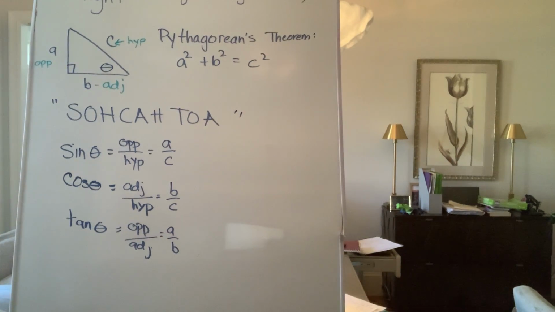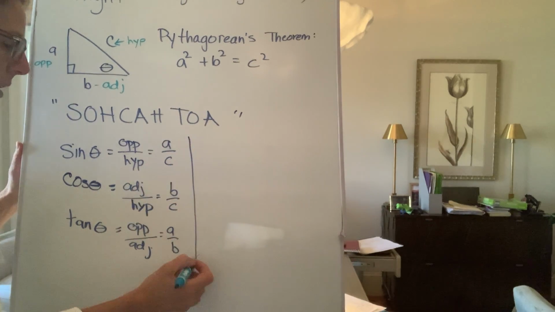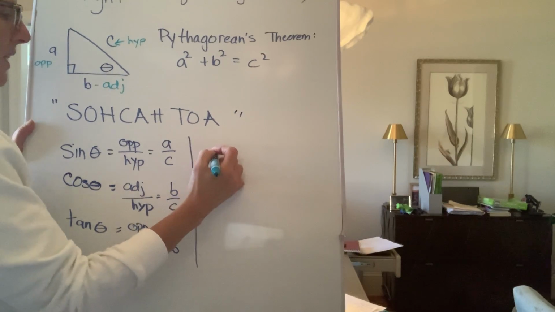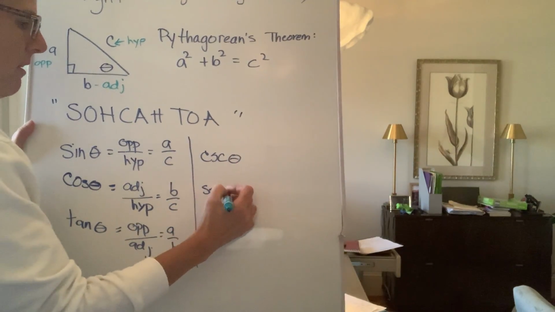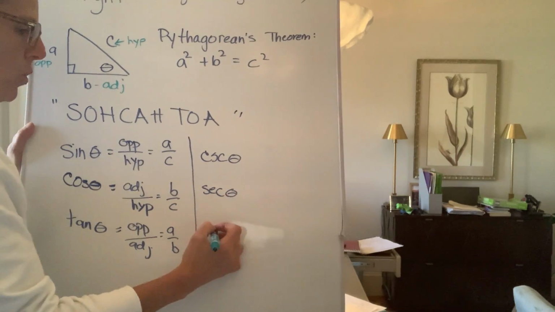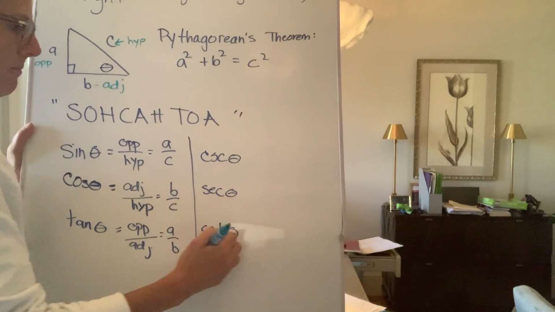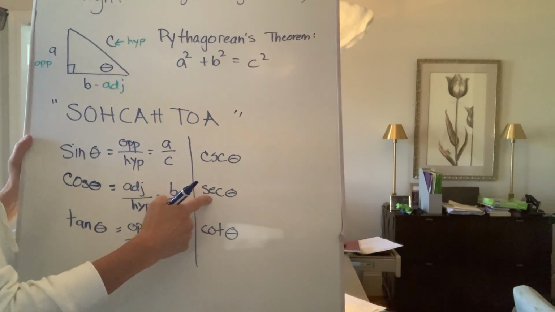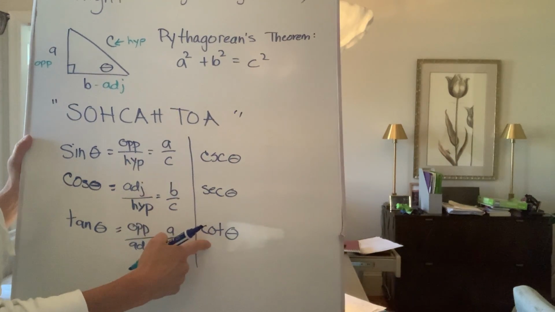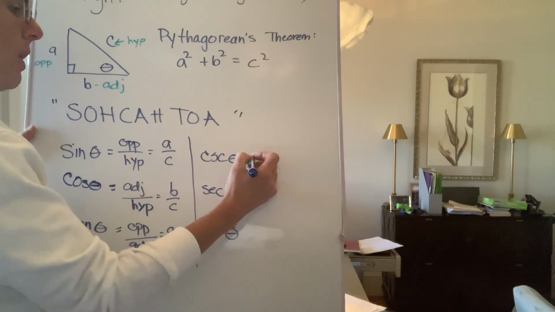All right, there's three other trig functions that we should know: cosecant of theta, secant of theta, and cotangent of theta.